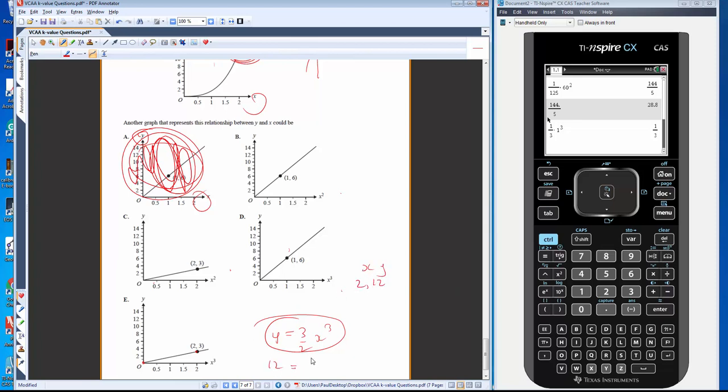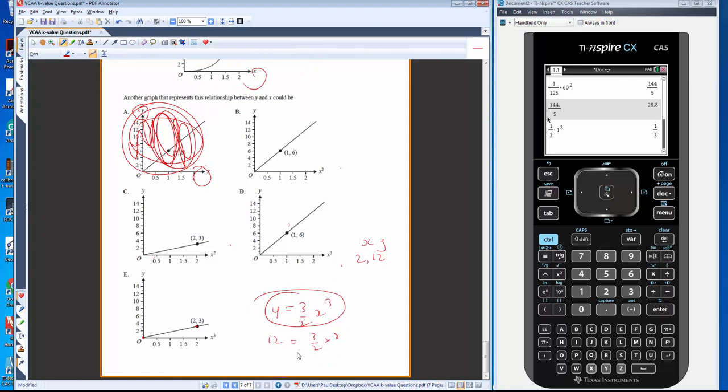So 12 equals 3 on 2 multiplied by 8. Okay, and 12 equals 3 8s are 24 on 2, and 12 equals 12. 24 divided by 2 is 12, so that's true. Okay, so the answer is E, but I couldn't see that.